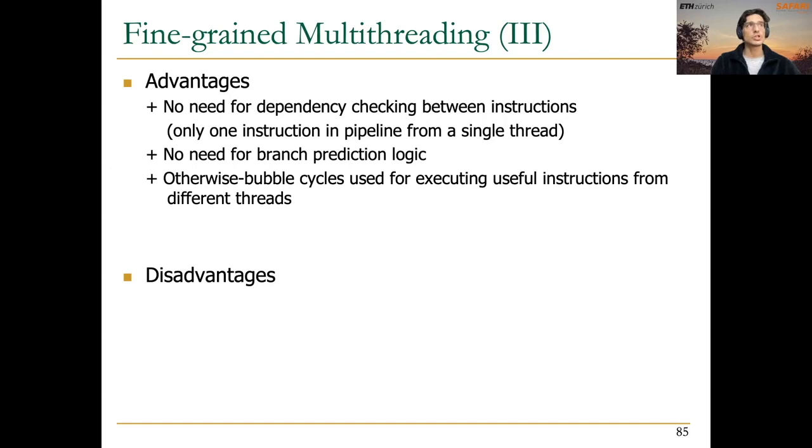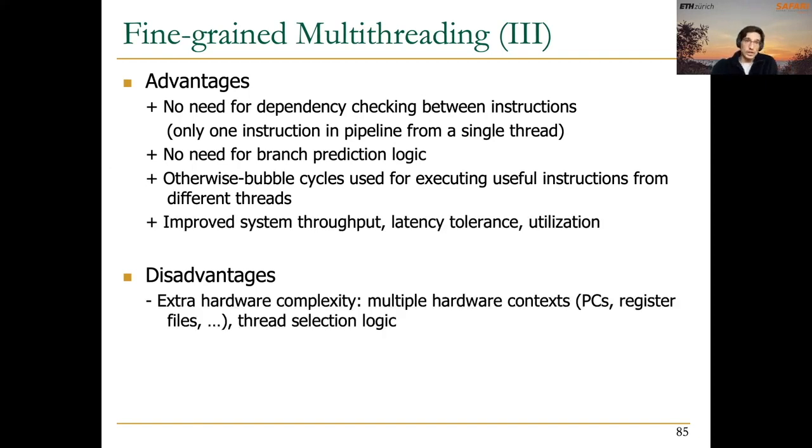There's no need for branch prediction logic, and we can use what would normally be bubbles in a conventional in-order pipeline, like the ones you may have studied in basic computer architecture courses. Now we can use the bubbles to issue and execute instructions from different threads. That in the end improves the system throughput, latency tolerance, and utilization.